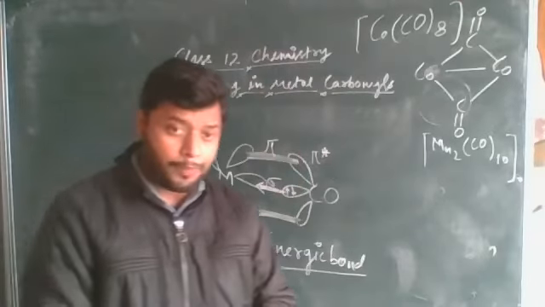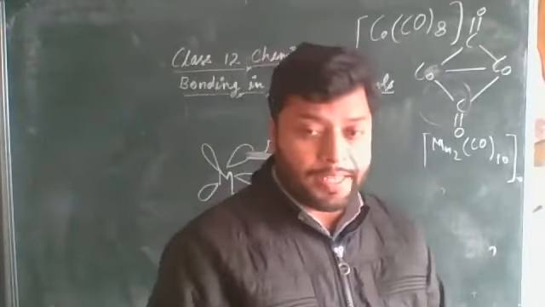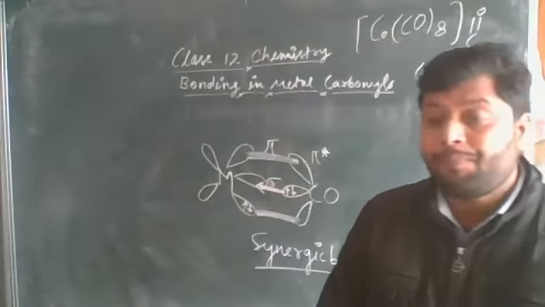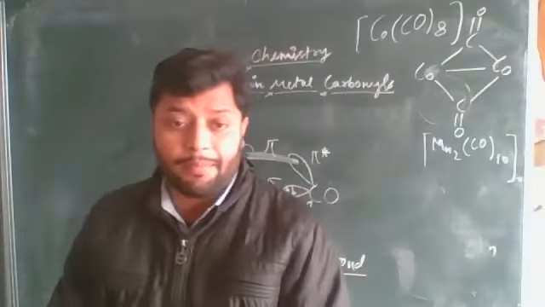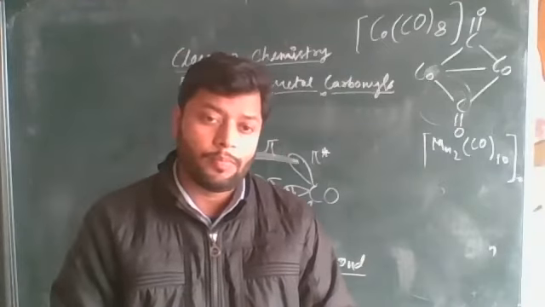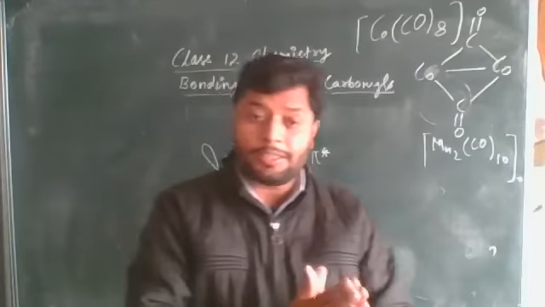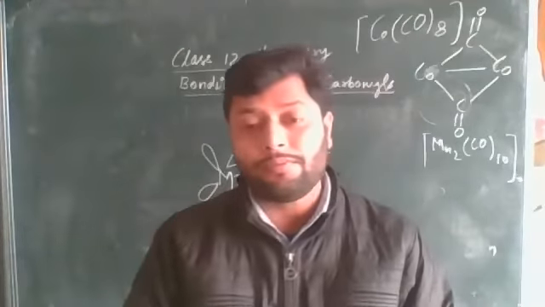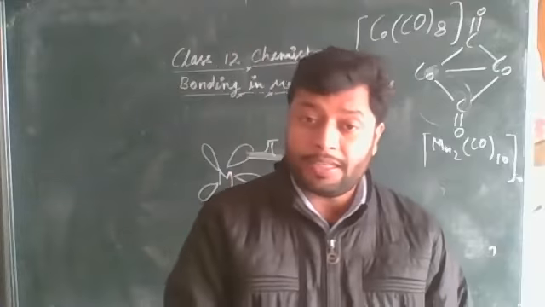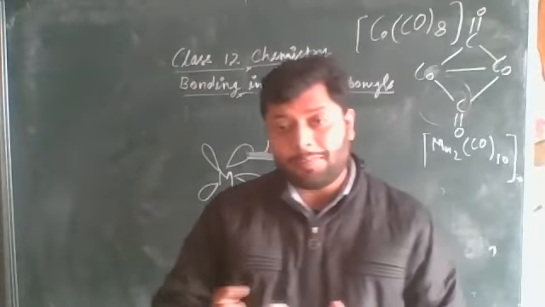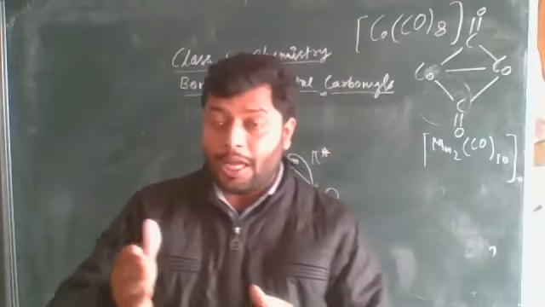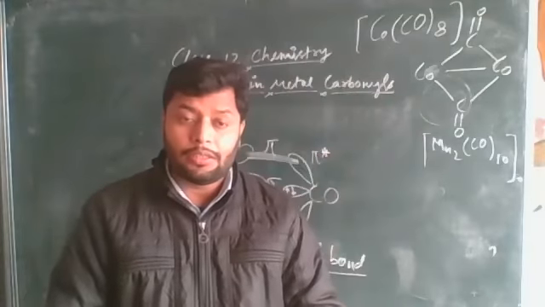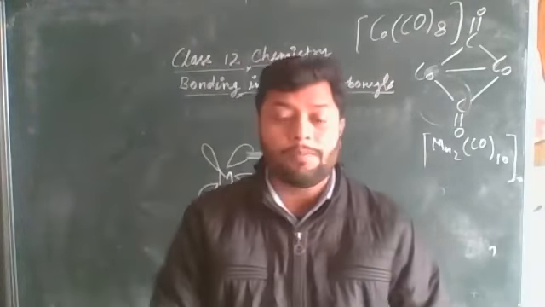We can sum up or rewind the things we learned in the previous lectures, students, because we have enough time to rewind that. We started from the introduction of the coordinate compounds, as you know. Then went through Werner's theory that discusses the primary and secondary valency, the ionizable and non-ionizable valency.